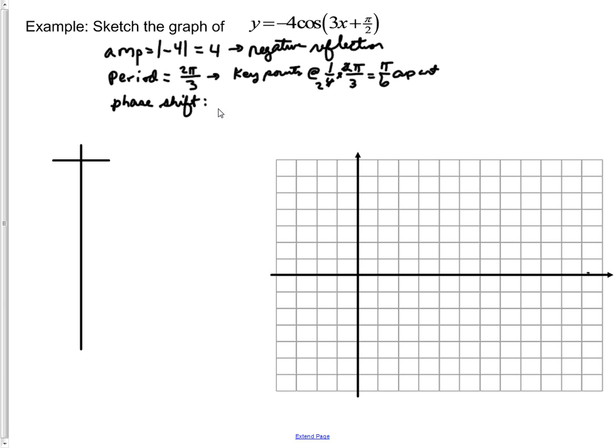We find the phase shift by setting the argument of the cosine function, 3x plus pi over 2, equal to 0 and solving for x. That number will represent our phase shift. Working this through, 3x equals negative pi over 2.